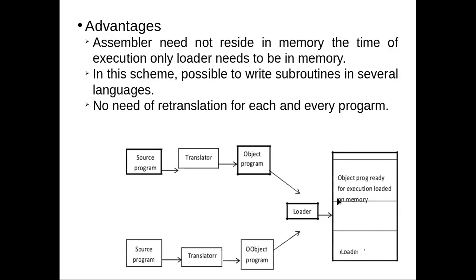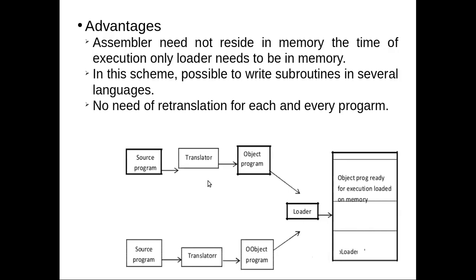Here the loader accepts the output of the assembler in object deck form, and it is loaded into the memory. The memory also contains the loader program. When we compare the size of the loader program and the assembler program, the loader is very small. So more memory will be available to the object program.